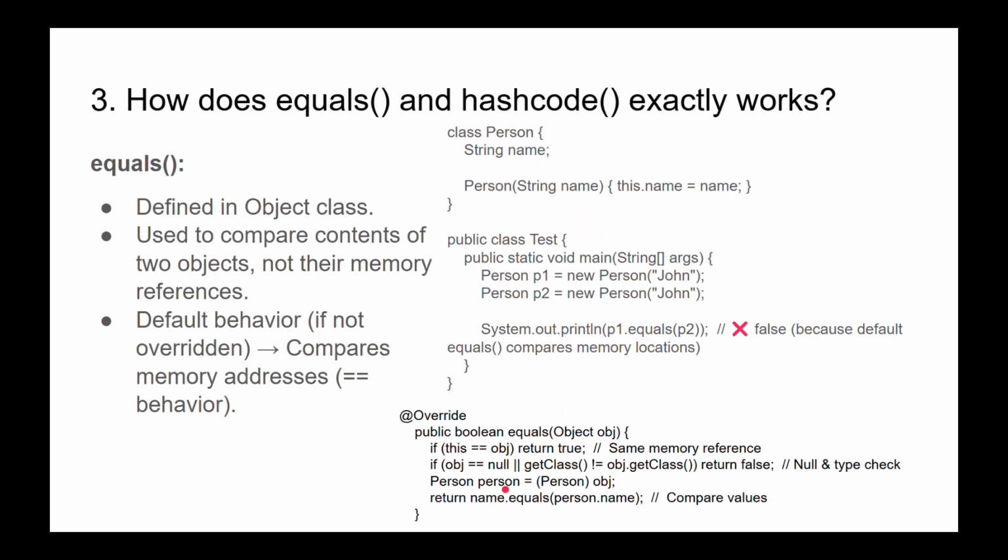After that we convert the given object into the Person class, and if we want to compare with the name, then we return name.equals(person.name). This will return true if the names are the same. This way we can override the equals method and compare the content instead of comparing memory locations.